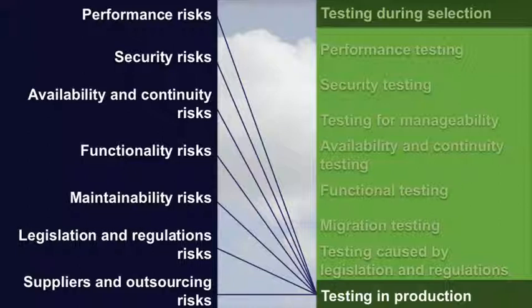Testing during implementation is convenient in the sense that the service is not in production yet and no users are bothered by it. But we also realize that positive test results from test measures during the selection and implementation phase do not guarantee that these results stay valid forever. Due to all kinds of reasons, things continually change.